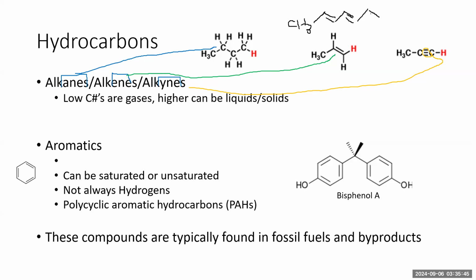There we go. Oops, I messed up. This is going to be worth it, I promise. Just because it's not clear enough that that's a triple bond. It's a triple bond.